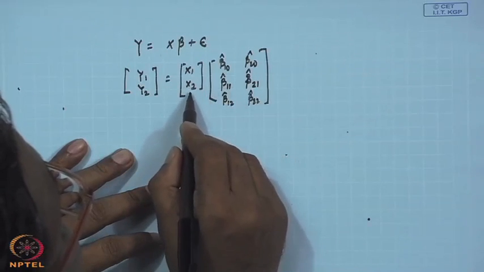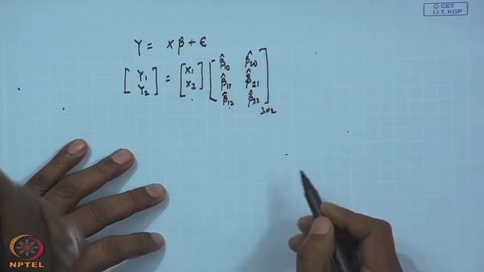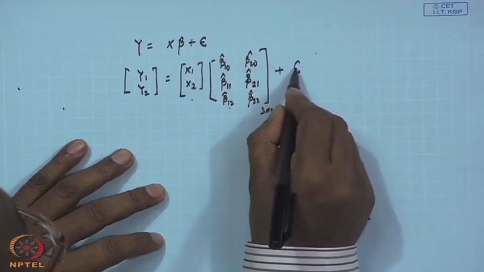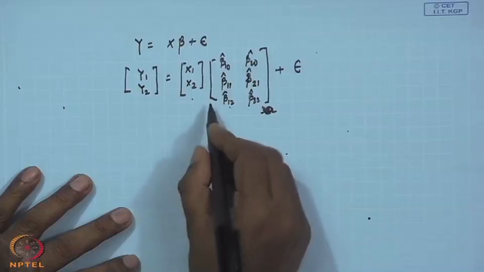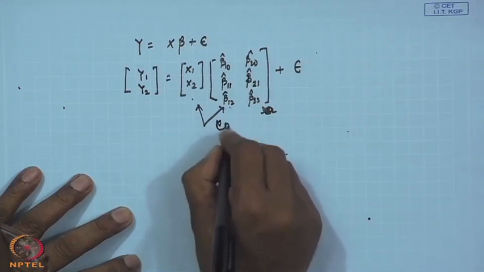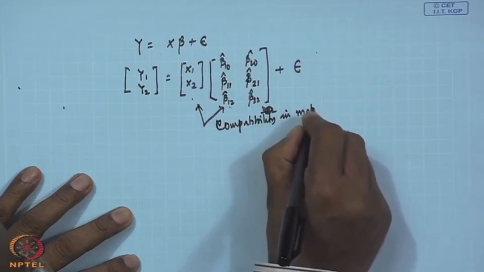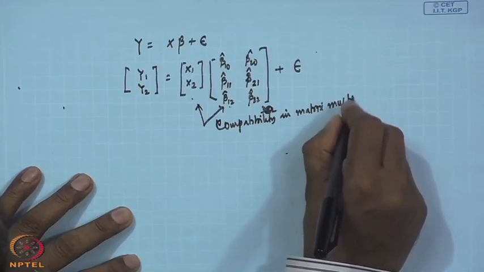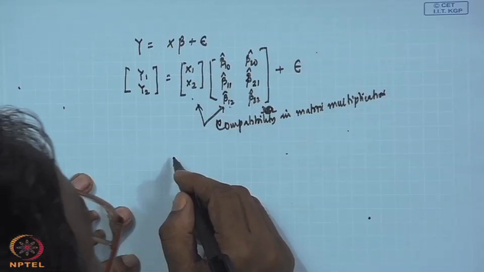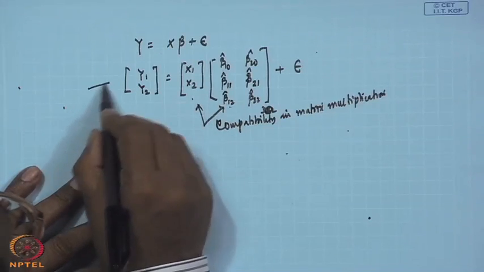If we write like this, this is basically 2 cross 1, then this one is 3 cross 2. So, in this manner it will not work, plus epsilon, that will be there. You have to think about matrix compatibility in multiplication. So, we will not write like this.